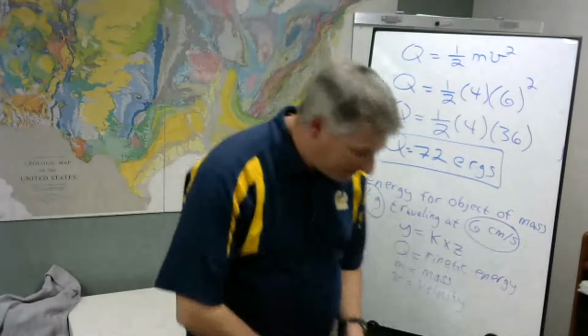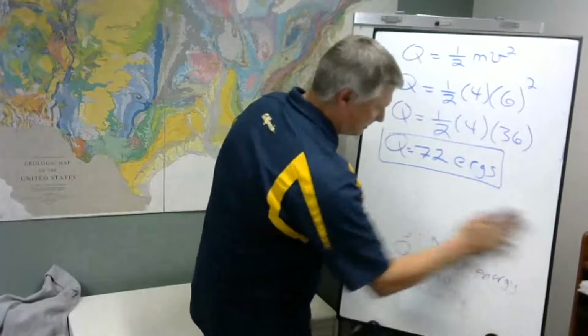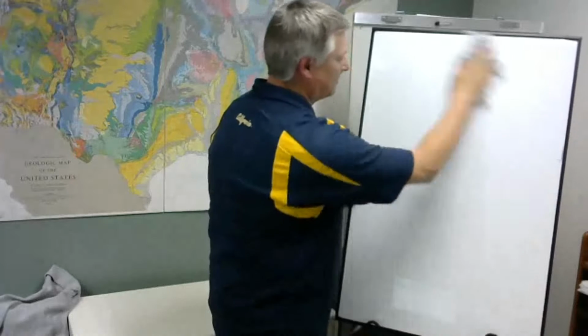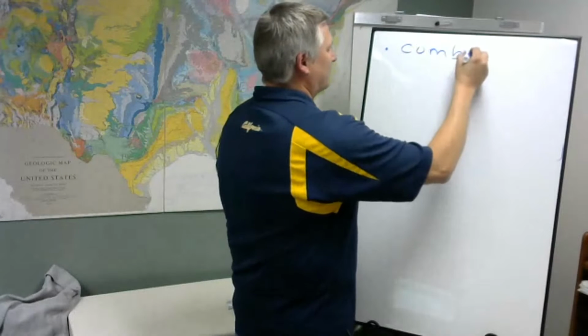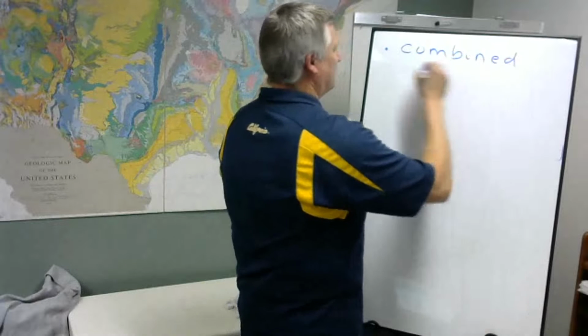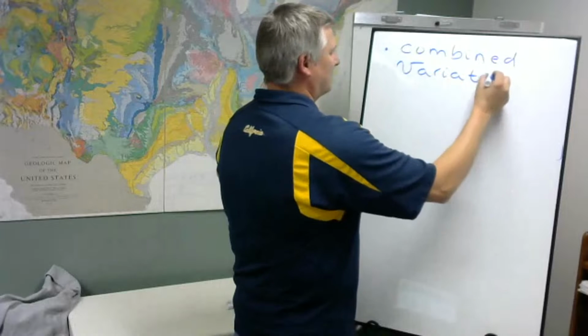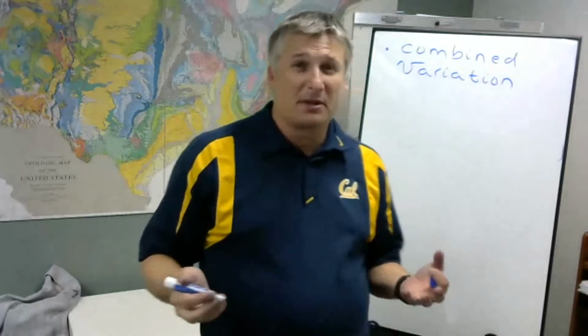There's one more to mention, and I'm just going to mention what it is. It's what we call combined variation. So with combined variation, you might see something like this.